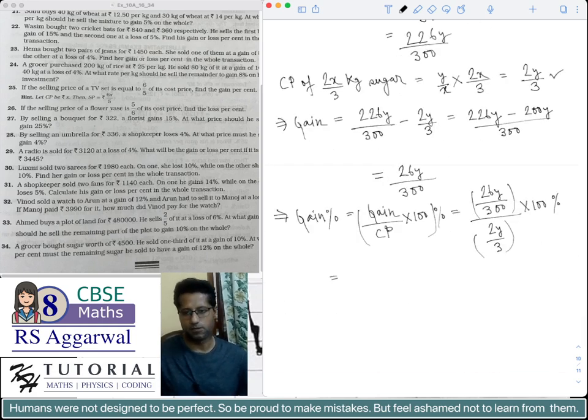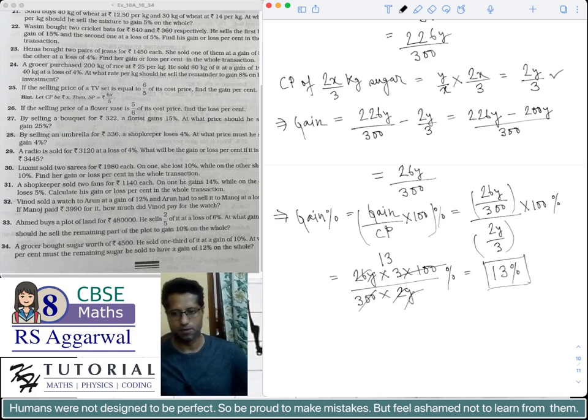If we simplify this, we get 26y multiplied by 3 multiplied by 100 divided by 300 multiplied by 2y. 300 cancels out, y cancels out, 2 divides 26 with 13. So the answer is 13%. That is, the remaining sugar must be sold at 13% gain.